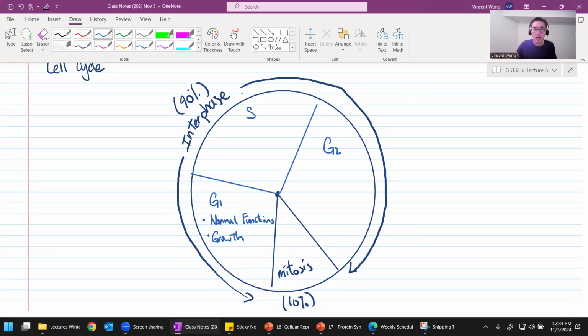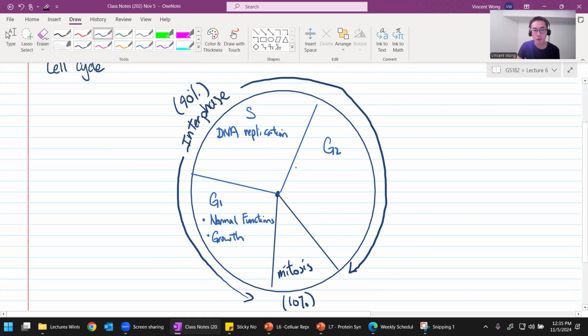But before you do that, you need to copy all your genetic material, right? And so that's what the S phase is. The S phase is for DNA replication. S is for synthesis, DNA synthesis, DNA replication. So you're going to copy all your genetic material.